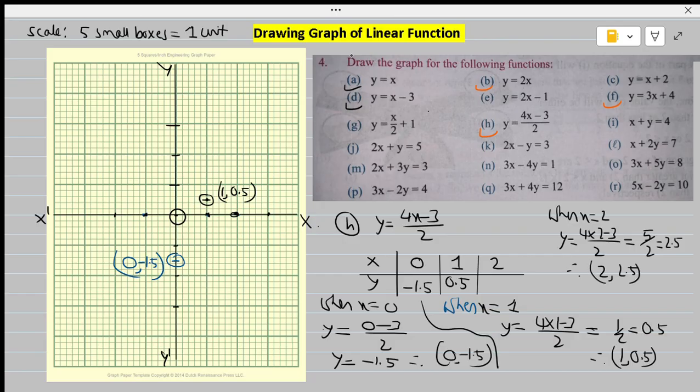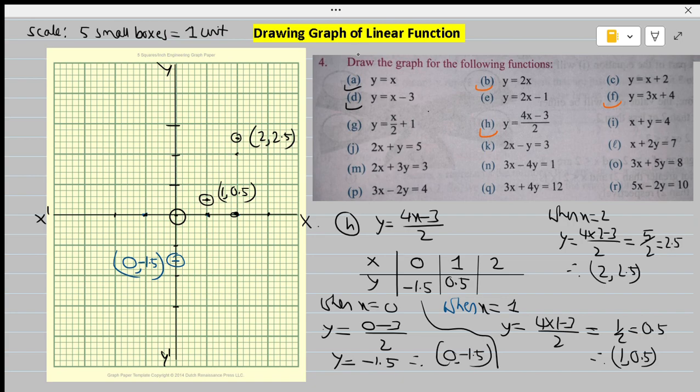We count 2 for x, and then 2.5 for y, 1, 2, and 2.5 is here. So this point is 2 comma 2.5.